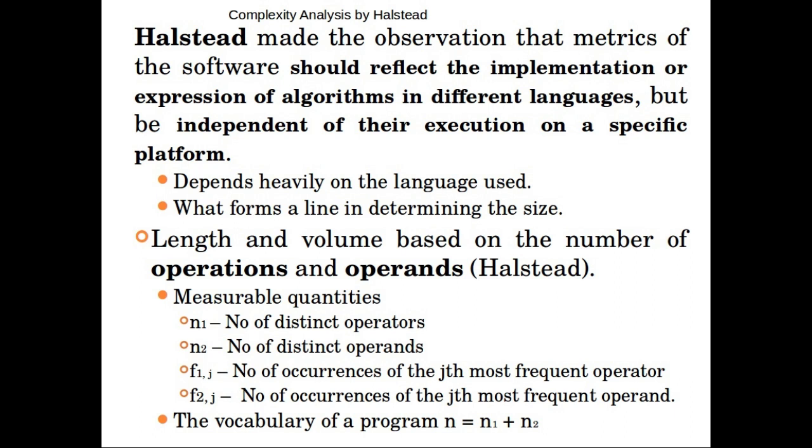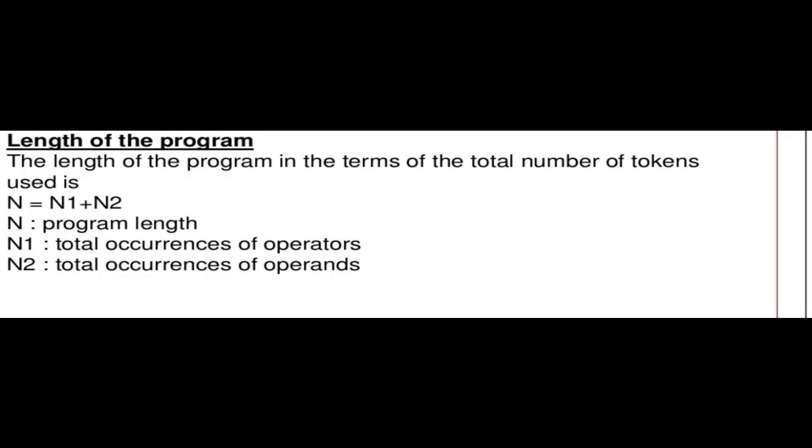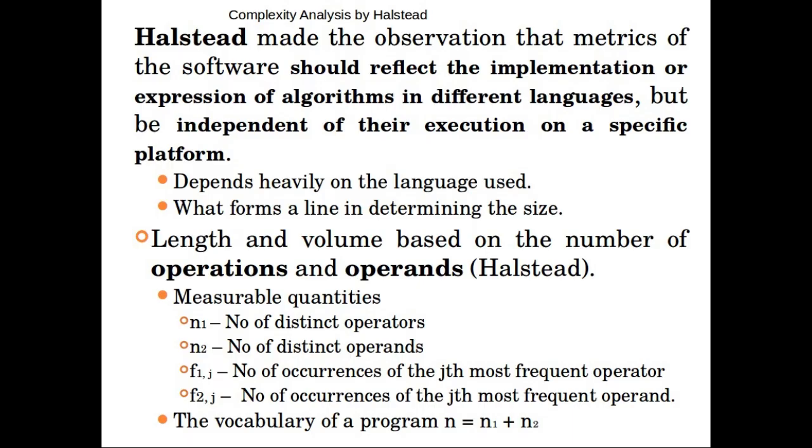Program volume, the information content of the program, is measured in mathematical bits. The length of the program is measured in terms of the total number of tokens used. Tokens are classified into operators and operands in a program. Let us count the tokens.